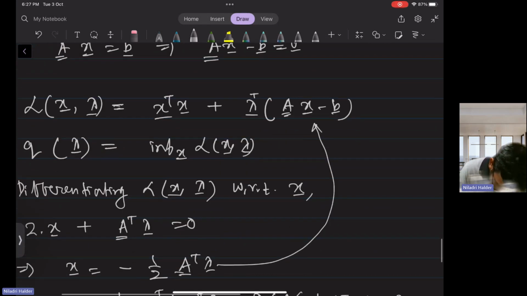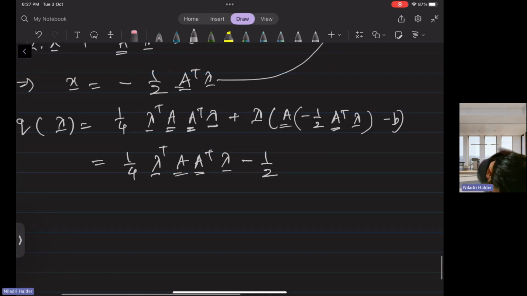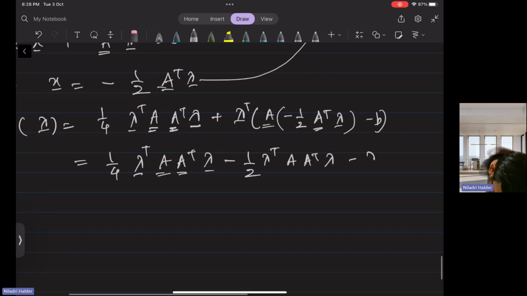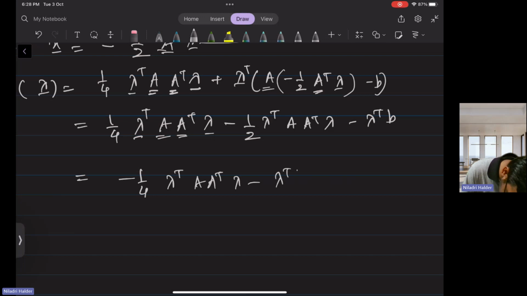So it will be 1/4 lambda transpose A A transpose lambda minus 1/2 lambda transpose A A transpose lambda minus lambda transpose b. So it will be minus 1/4 lambda transpose A A transpose lambda minus lambda transpose b.